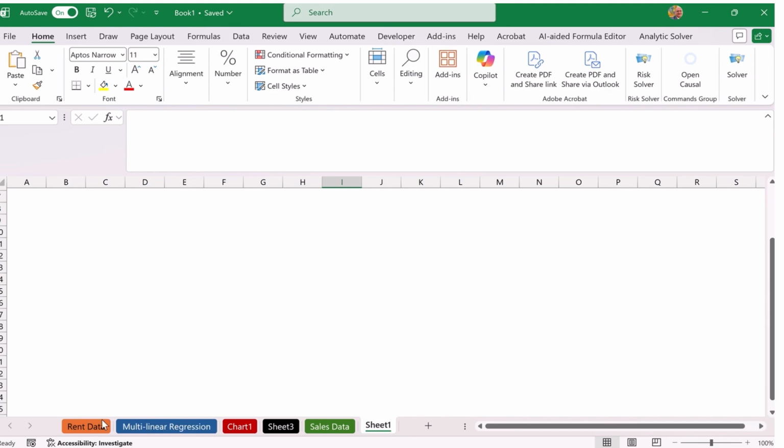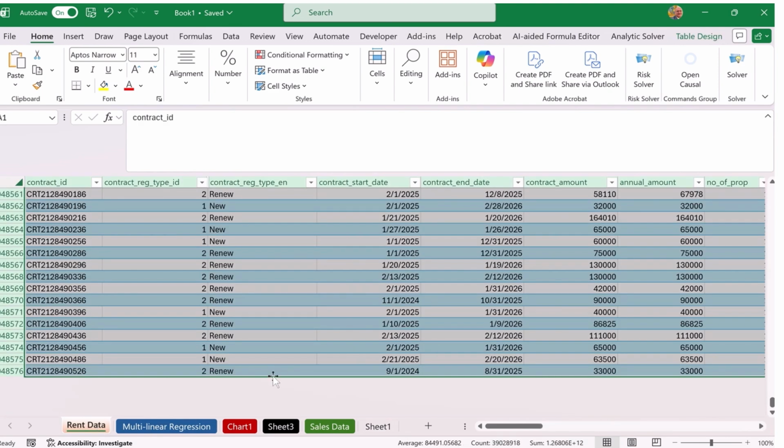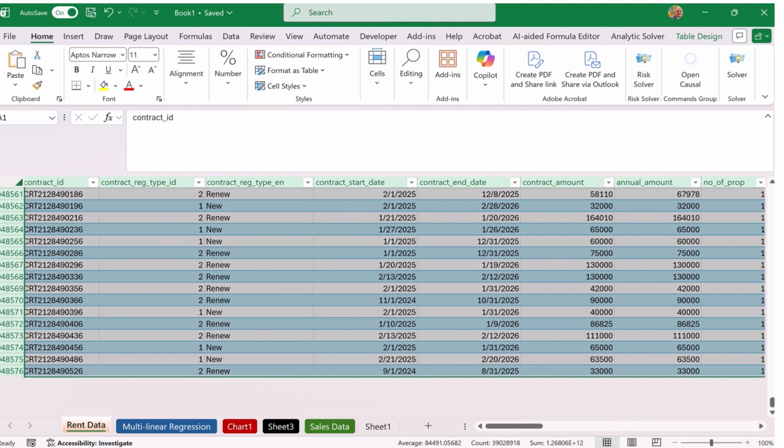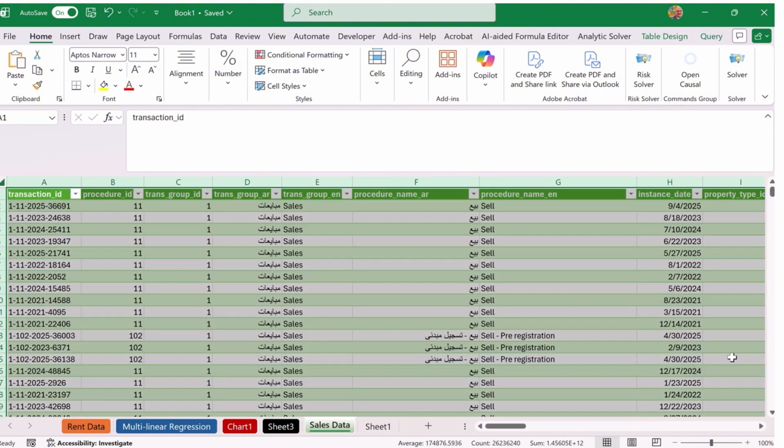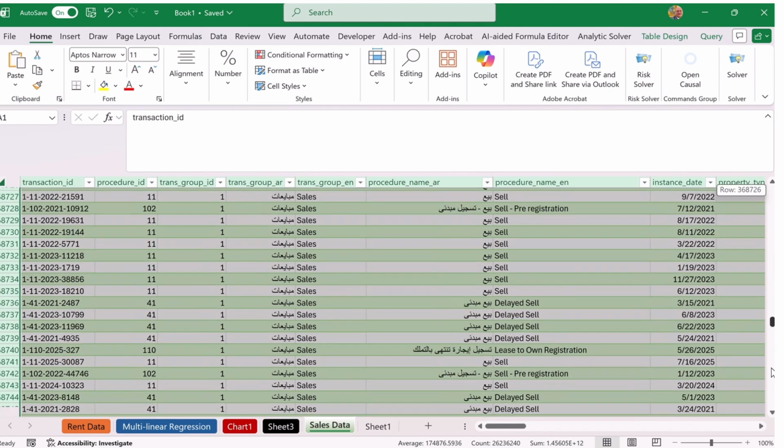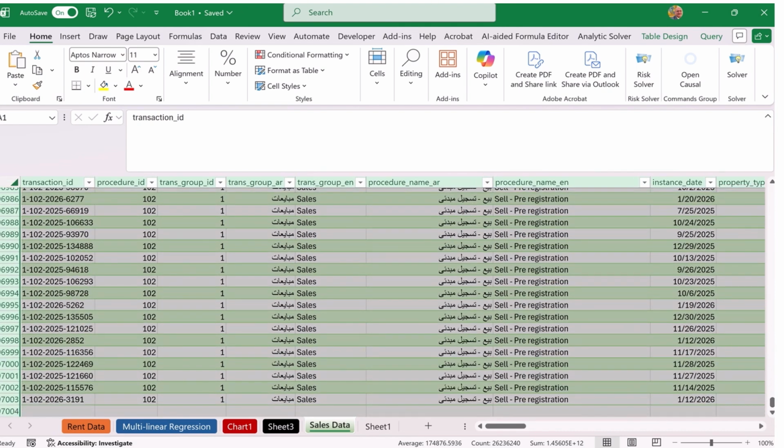So you can see from my data here, on the rent data I have 1,048,000 rows of data from the DLD. And on my sales data, I have almost 600,000 rows of data. So combined it is about 1.5, 1.6 million transactions.